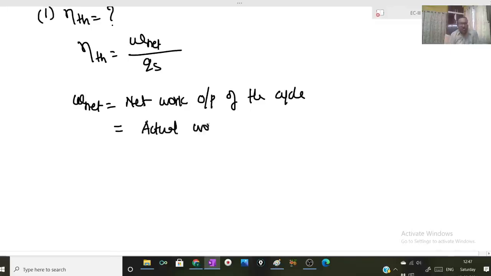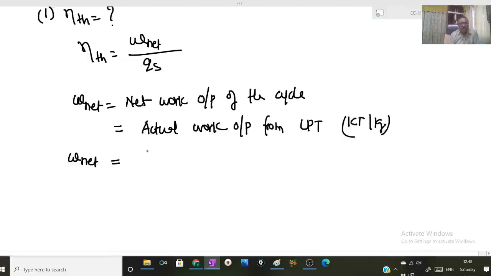actual work output from low pressure turbine. So W net will be, and this will be in kilojoule per kg, CPG into T8 minus T9 dash.